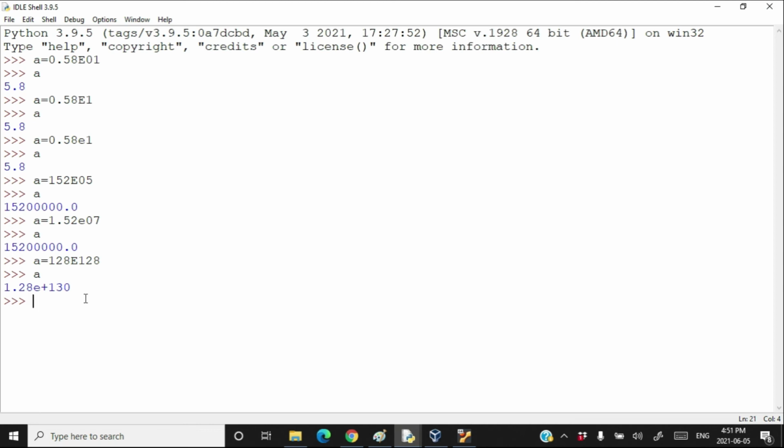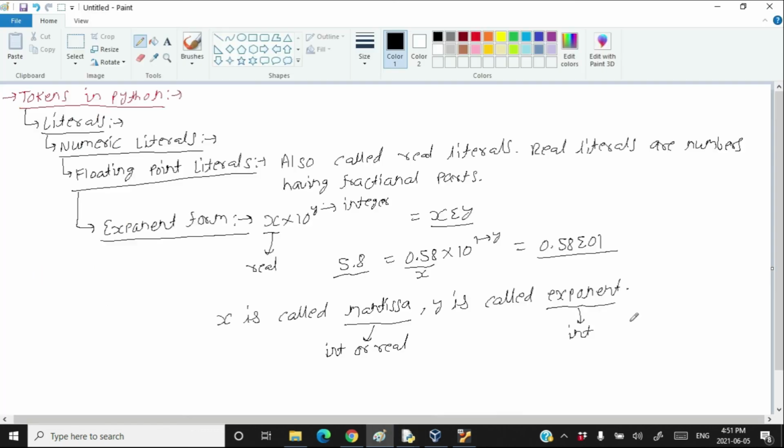Let's represent a very small number. A is equal to 128 E minus 128. Okay, this is a very small number. It means 128 by 10 to the power 128. You can think how small a number it is.